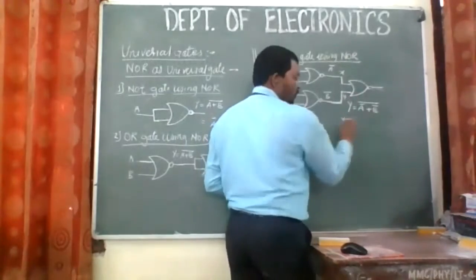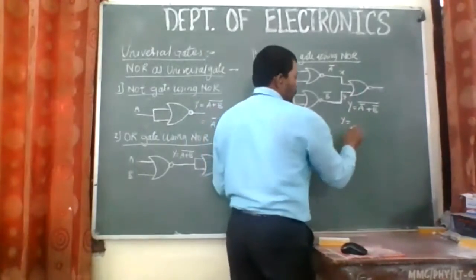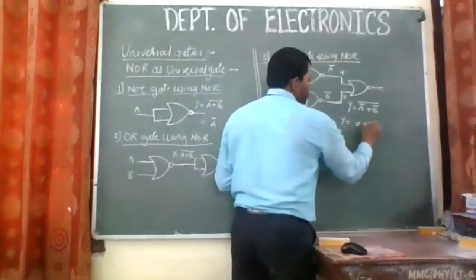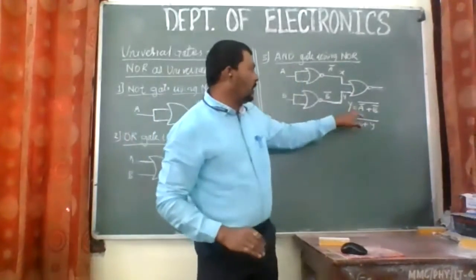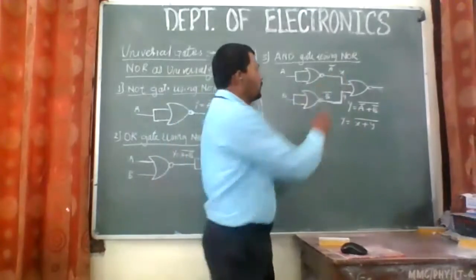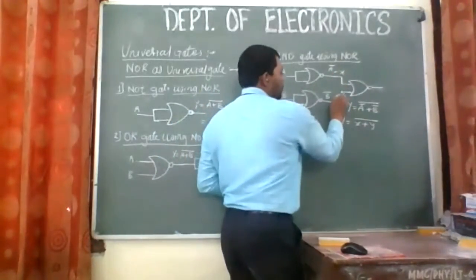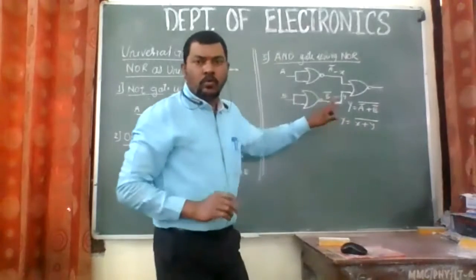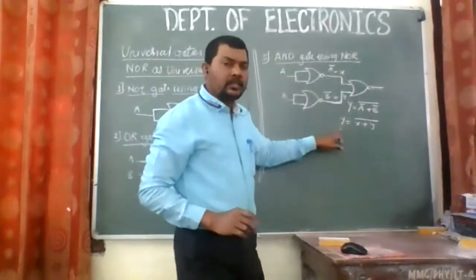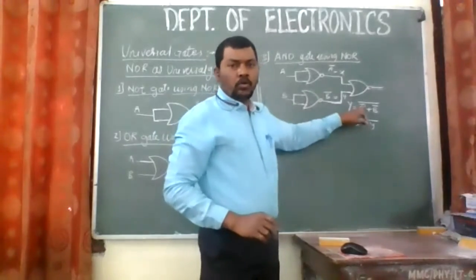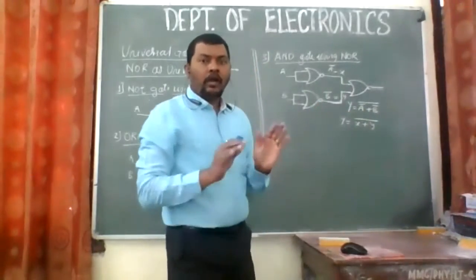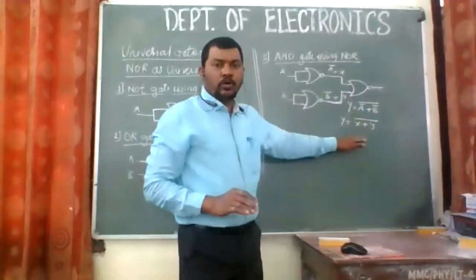Simplify this. We will get Y equal to X plus Y whole complement. Is it okay? I have just set A complement equal to X and B complement equal to Y. Now I am applying De Morgan's theorem over here.